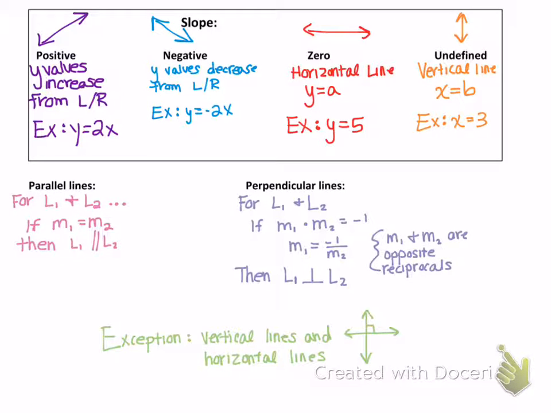However, mathematically, the formula up here doesn't work because vertical lines have undefined slope and horizontal lines have 0. So what I wrote in purple doesn't really apply, but logically you need to know that vertical lines and horizontal lines are perpendicular to one another.